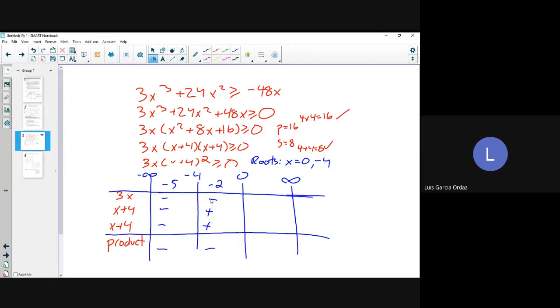And now we're going to go between 0 and infinity. Pick a number between 0 and infinity. So 2, and everything gives us positive. So that is where the graph is greater than or equal to 0. Our inequality wants us to figure out when the graph is greater than or equal to 0.